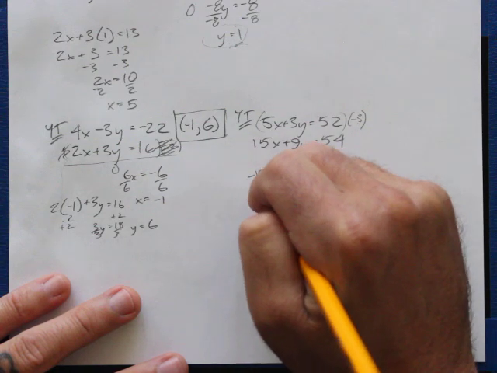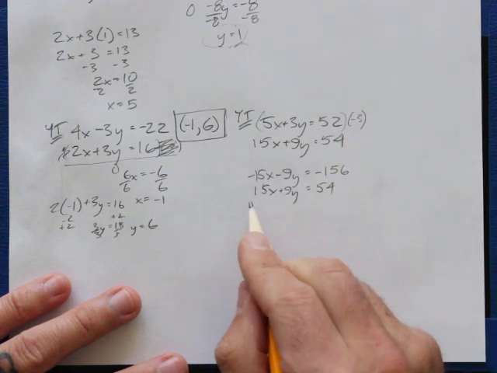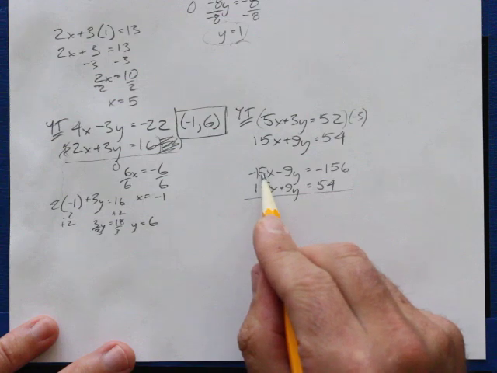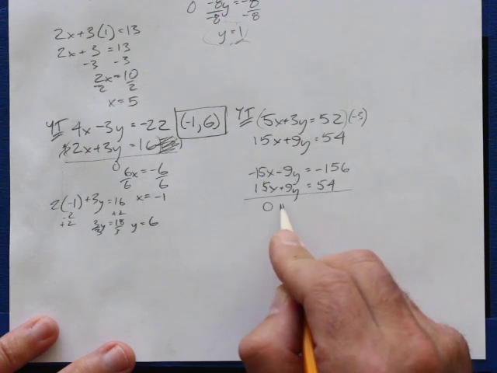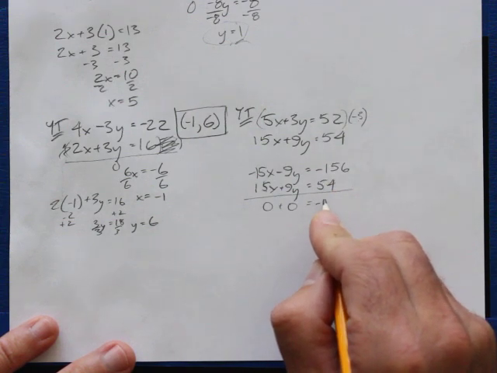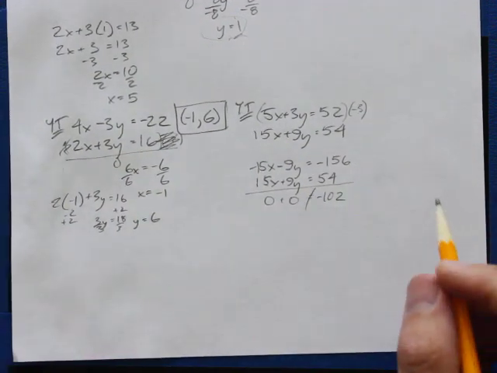And then I've got 15x plus 9y equals 54. Uh-oh, I feel like something weird is going to happen here in just a second. Negative 15x and positive 15x is 0. Negative 9y and positive 9y is also 0. 0 equals negative 102? No, it does not.